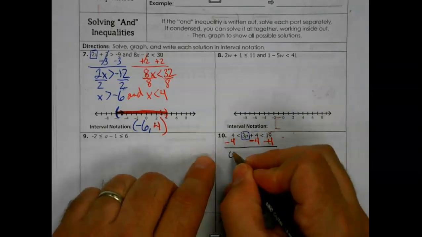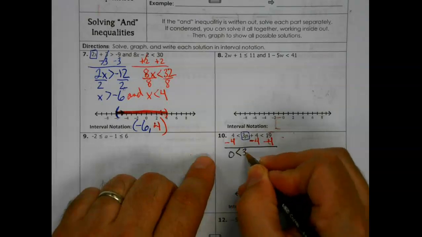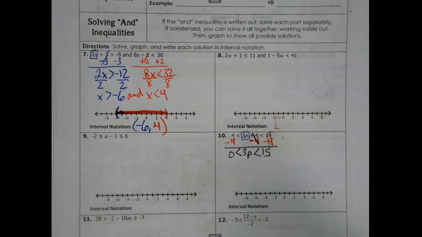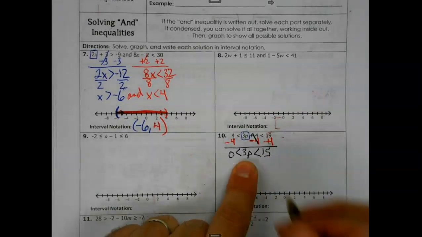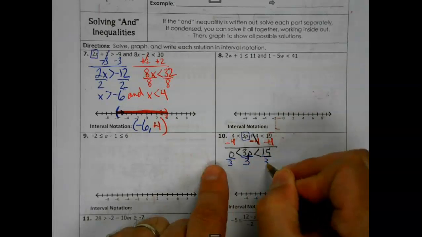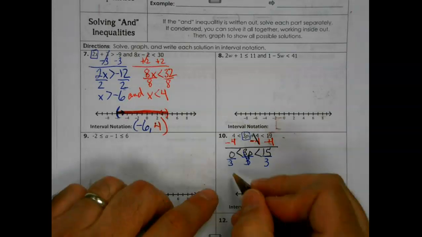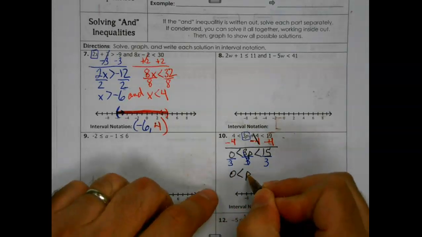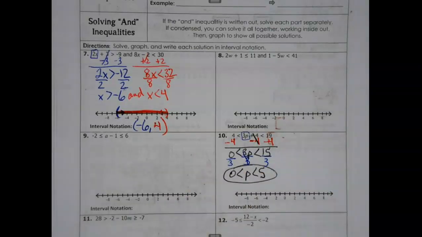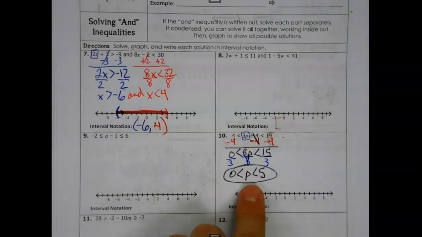So here I have 0, 3p, because those cancel out, and 15. P is not quite alone in the middle yet. So we divide everything by 3. And you're like, not sure, so what do I do with this?